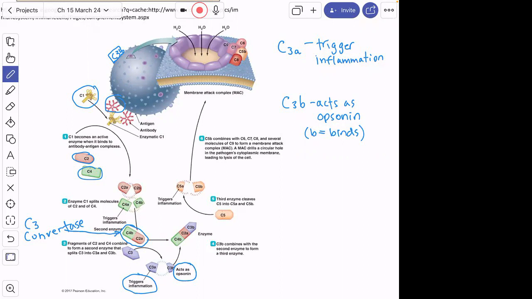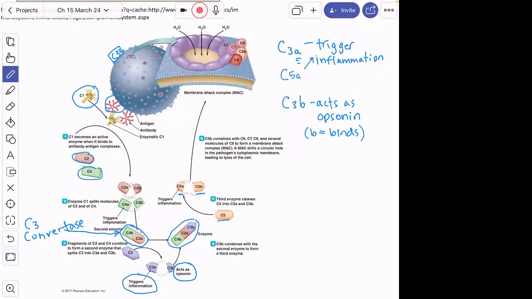Okay, and you could think about A as, I always think A for allergy. Allergic reactions have lots of inflammation. So that's kind of how I remember which of those is which. Some of that C3 though binds to kind of leftover bits from here, the C3 convertase, and acts as an enzyme then to split C5. Right, so we get C5a and C5b.